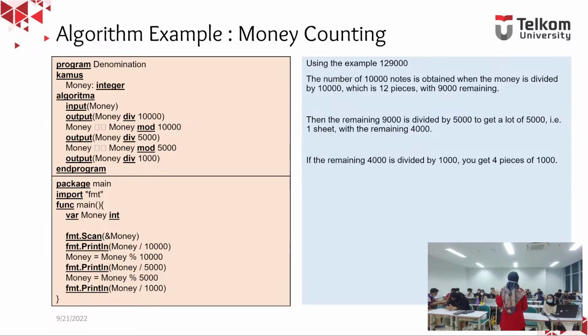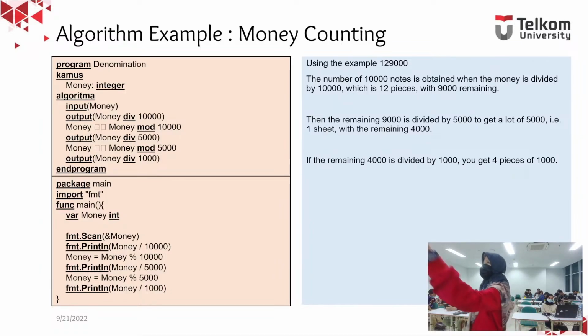For example, the smallest denomination is 1,000, and all of the prices are in 1,000 rupiah.